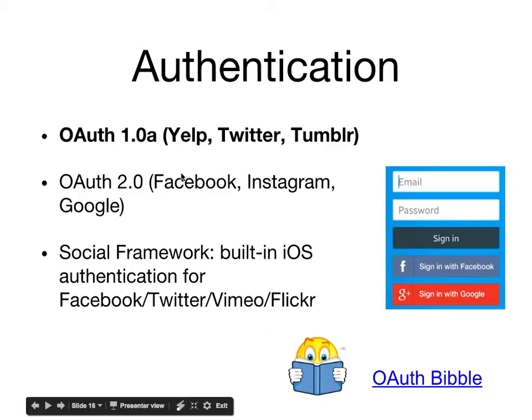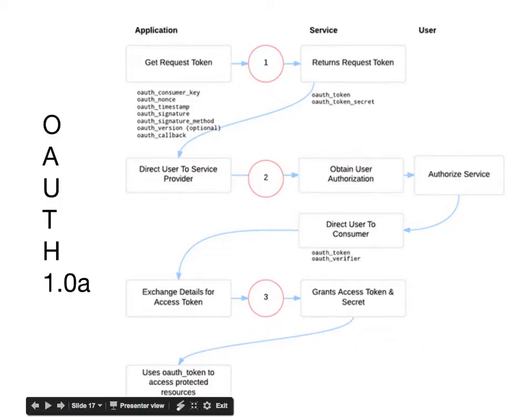But if you want to do a proper login to Instagram, and then use your account to post a new picture or to interact with Insta, then you need to go through authentication. We have here what's called the OAuth Bible, so everything about OAuth is there. But we just want to do a quick introduction on OAuth 1.0, which is the one we are going to use today for Twitter.